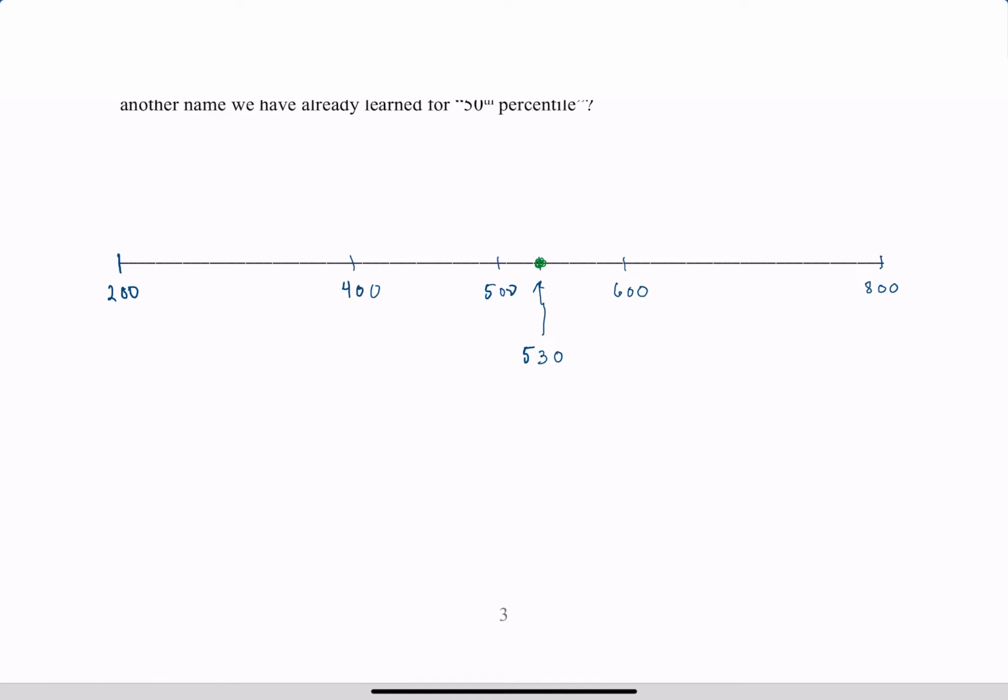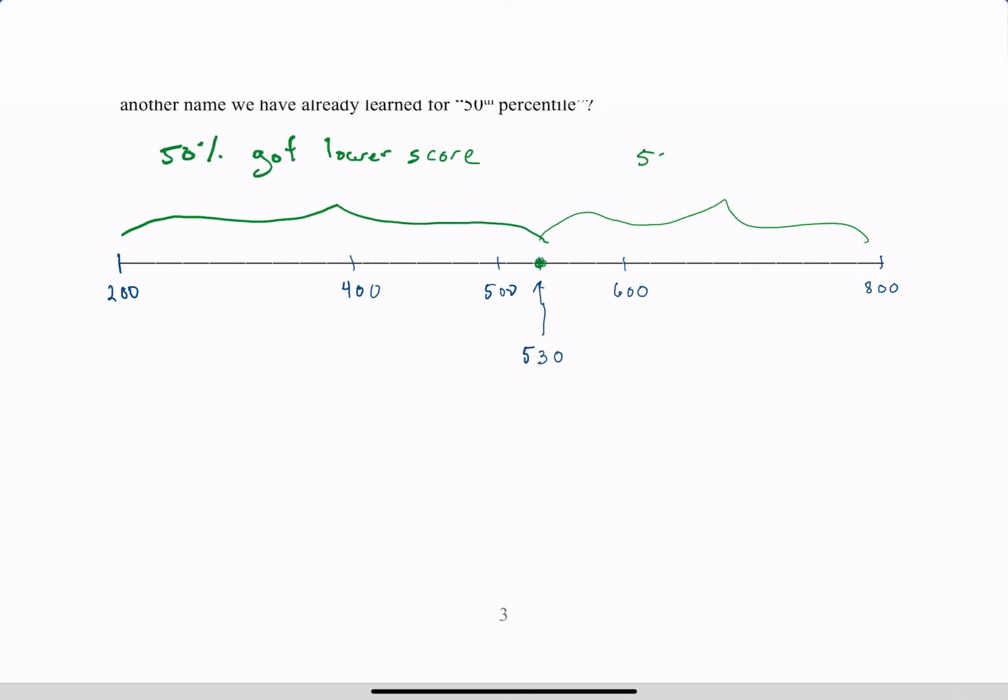Being in the 50th percentile means that 50% of the students who took this SAT test got a lower score, and 50% of the test scores were higher.